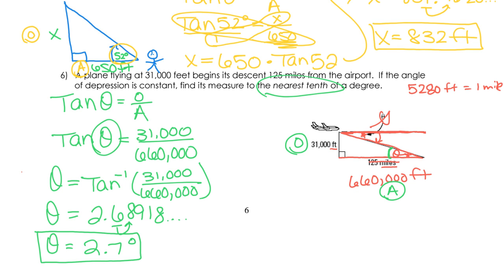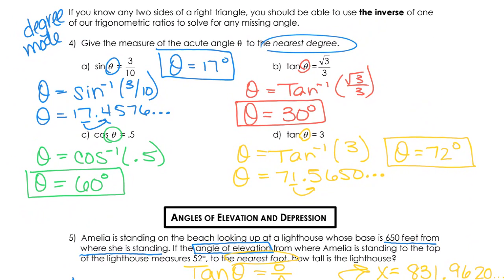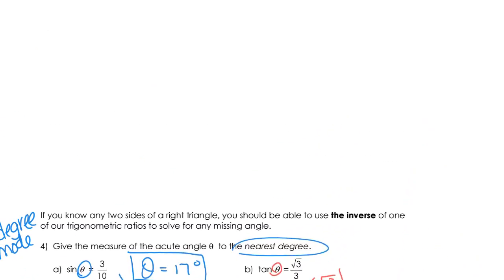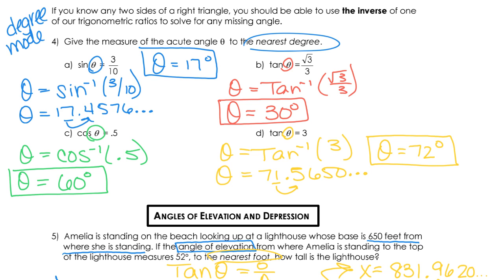Then if you're solving for a side, you cross multiply. And if you're solving for an angle like up here, you use your inverse keys. And if you have a side of your triangle missing, you use the Pythagorean theorem to find it. If you know all those and that's what you got out of today's lesson, you should be all set to go. All right. I'll see you guys on day 2.